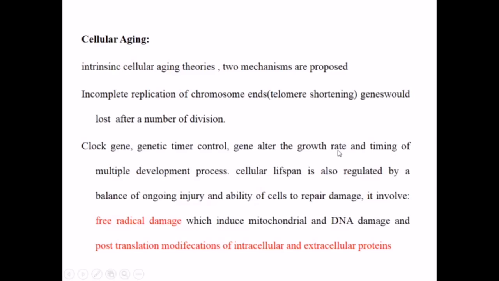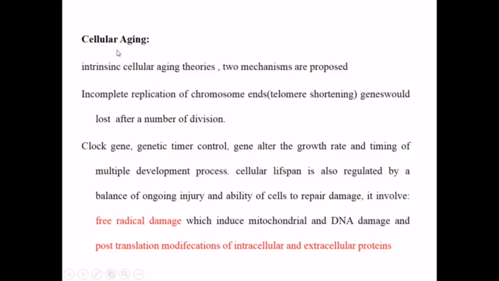The gene alters the growth rate and timing of the developmental process. So the cell lifespan is regulated by the balance of ongoing injury and the ability of the cell to repair the damage. It involves free radicals, which cause mitochondrial and DNA damage and damage to post-translational and extracellular proteins.